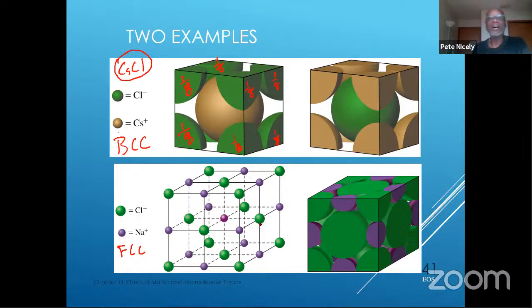And then now, in the case of sodium chloride, this is a face-centered arrangement because if you look at, for example, the sodium ion here, right? In fact, if you look at the whole structure here, which is a unit cell, basically you'll see that the face will have at its center a chloride ion here for this face, here for this face, here for that face, and here for that face, all right?